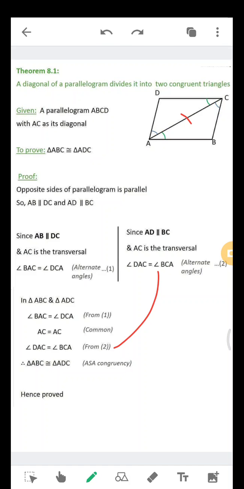They are also alternate angles. So finally we can say that these two triangles are congruent by ASA, because two angles and one side of this triangle are equal to two angles and one side of the other triangle. You can prove this theorem by the SSS rule also, as I said, and that is also correct.